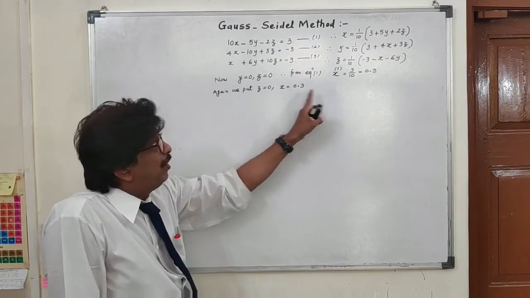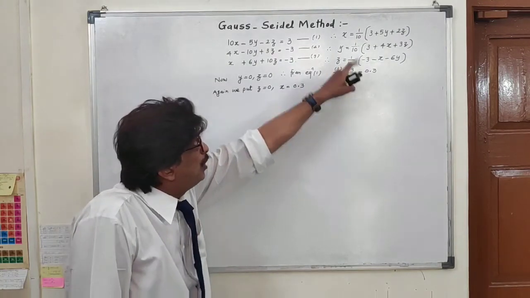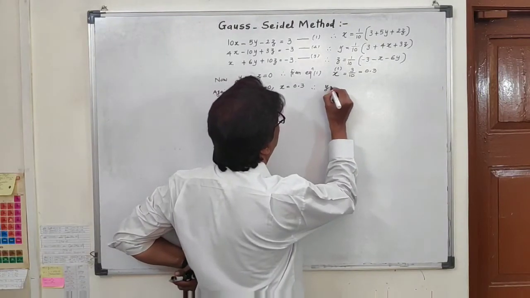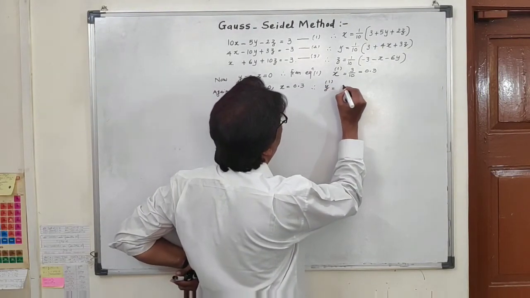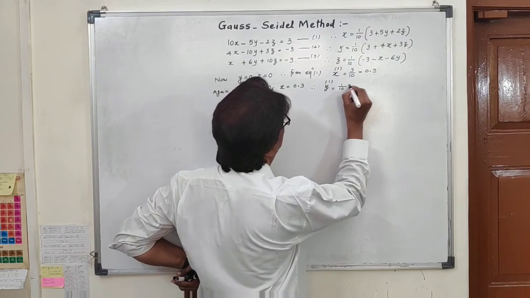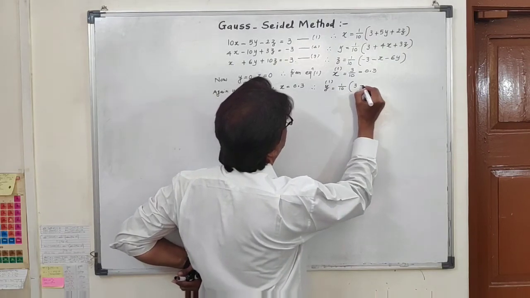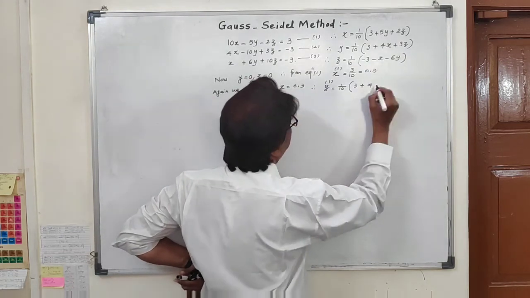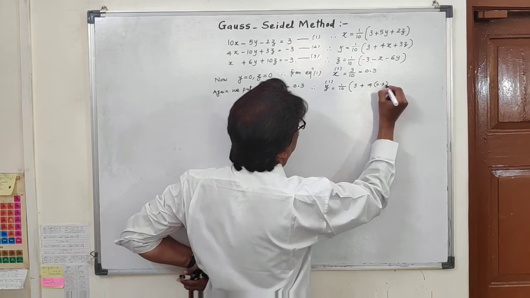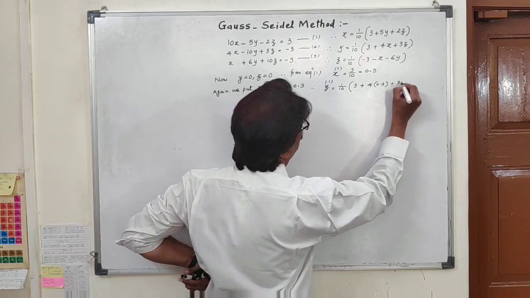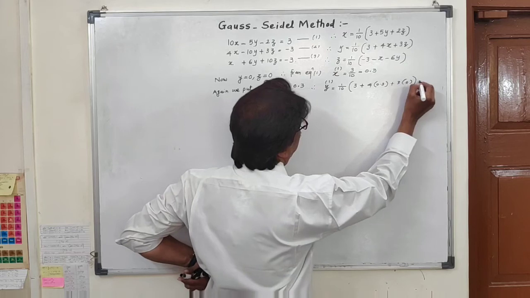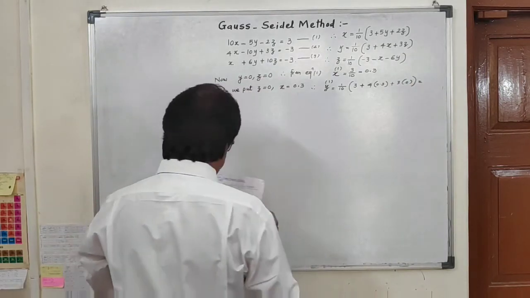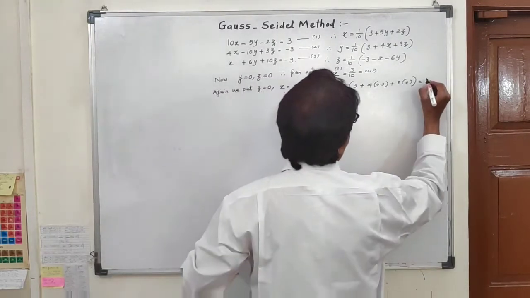The recent value of x is 0.3 in equation 2. Therefore, y1 is equal to 1 by 10 times (3 plus 4 times 0.3 plus 3 into 0). We assumed z is equal to 0 and x is 0.3. The y1 value is 0.42.